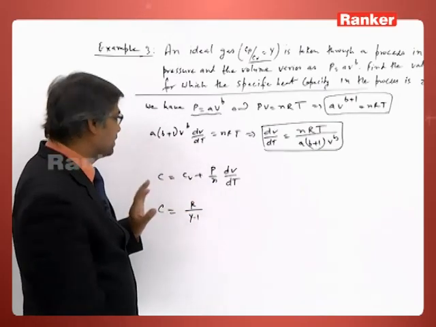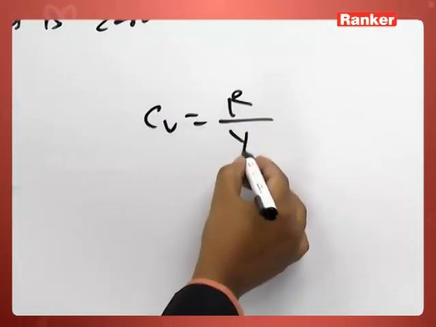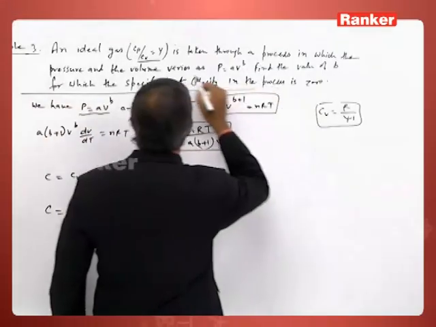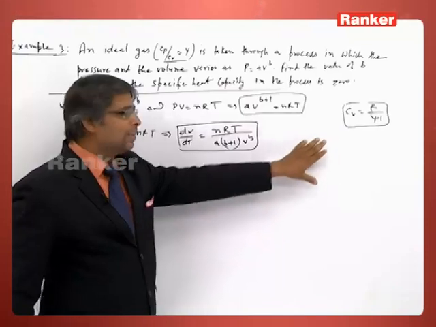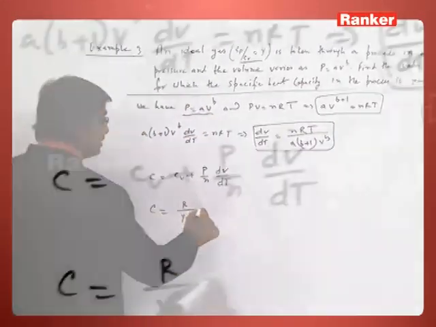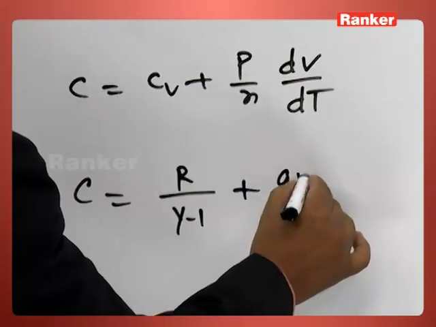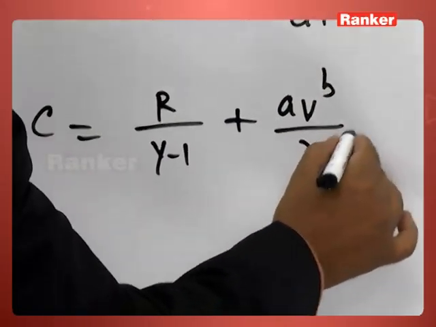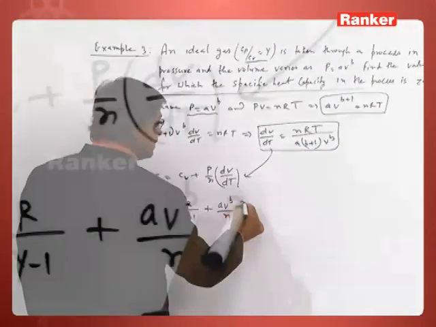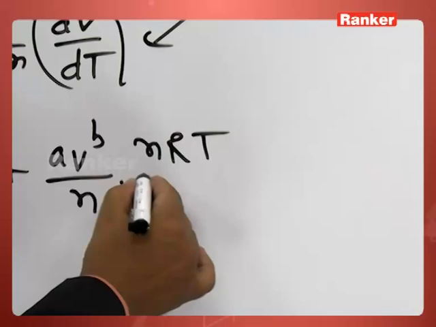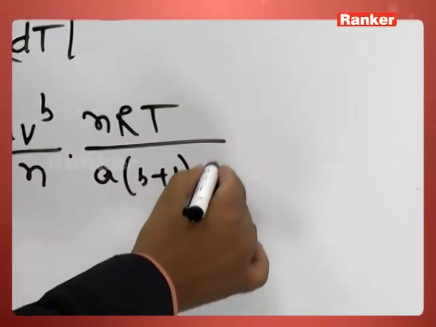But presently I am using this formula that CV is equal to R by gamma minus 1, where gamma is Cp by Cv. I have not proved it yet, but let us believe it is correct. So P is A V to the power B by n, and dV by dT we substitute from here, that is nR by A (B plus 1) V to the power B.